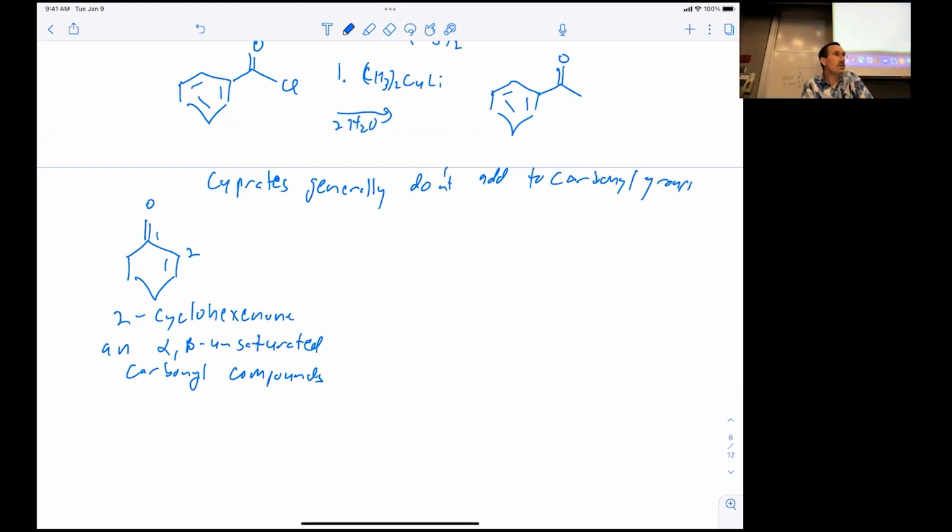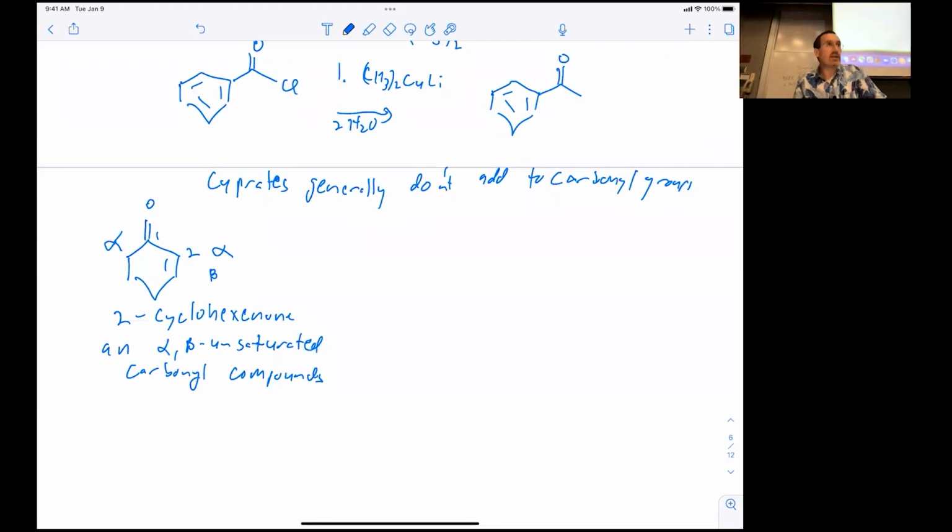In terms of the nomenclature alpha beta unsaturated carbonyl compound, the position next to a carbonyl is an alpha position, and one beyond that is a beta position. So the 3 position is also referred to as the beta position. And so this is an alpha beta unsaturated carbonyl compound.